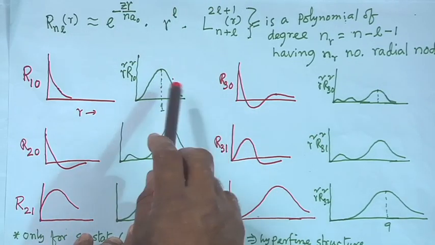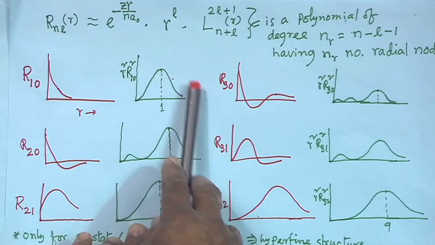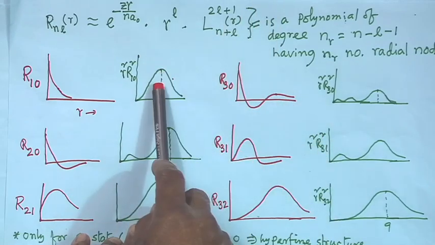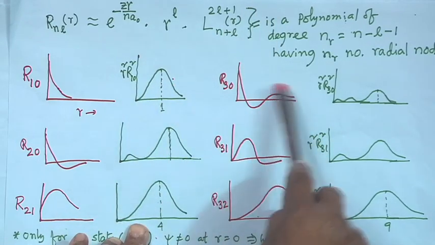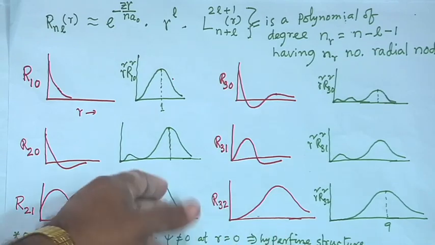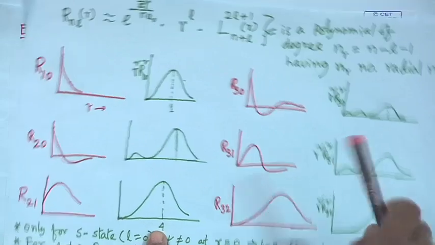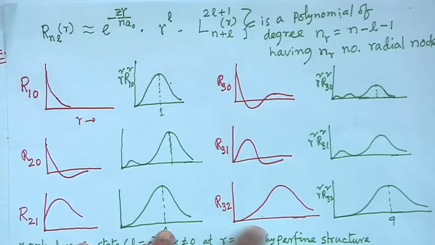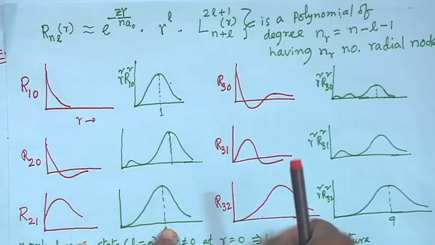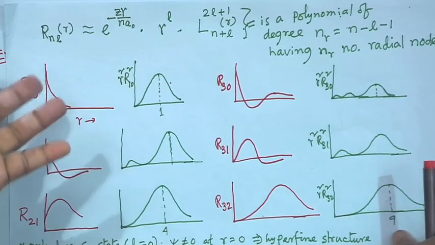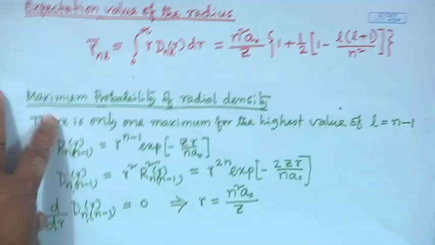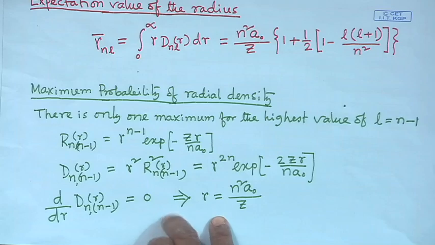If this curve were symmetric, we would get the same value, but since the curve is asymmetric, because it extends longer towards the higher r value, the expectation value is higher than the actual maximum probability value.